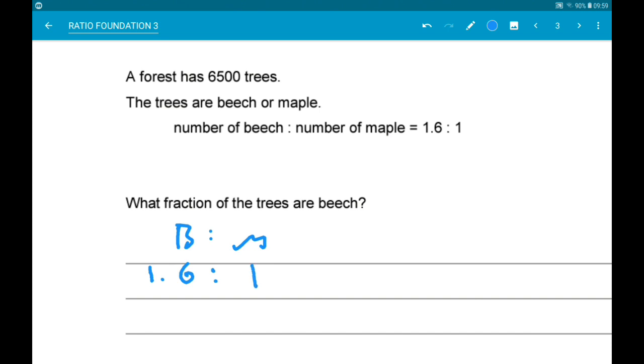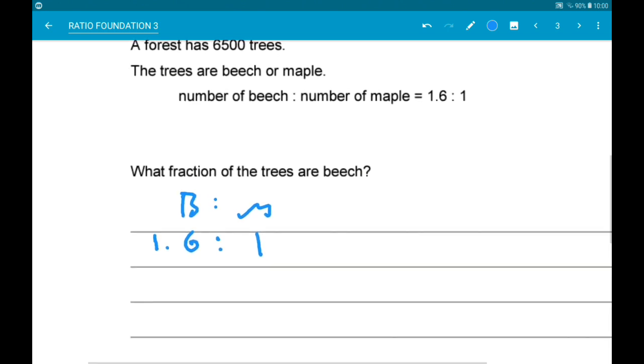Now really the first thing we should do here, because we're wanting to turn into a fraction, we should really turn 1.6 into a whole number. So the easiest way to do that here would be to multiply through by 10. So we get 16 to 10. And then that has a common factor of 2.